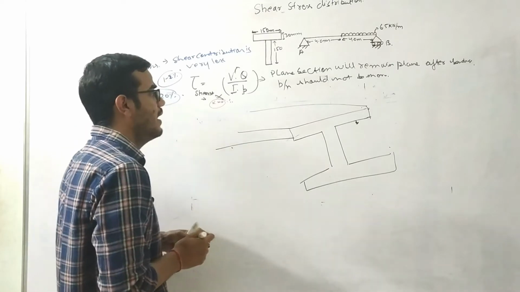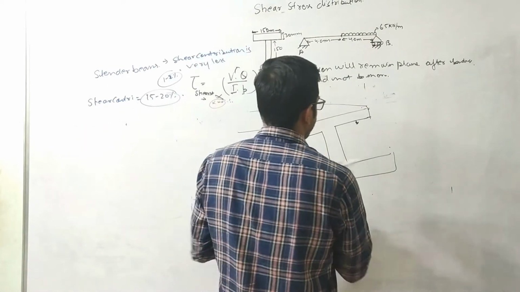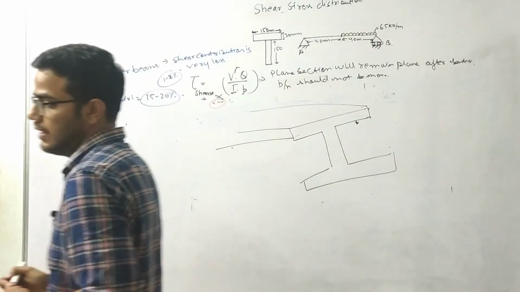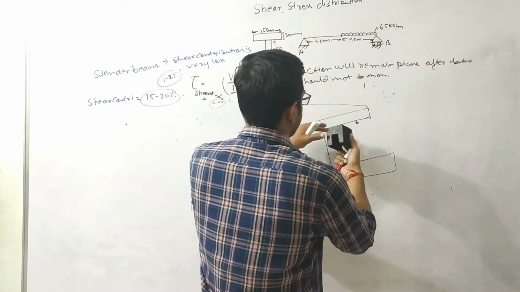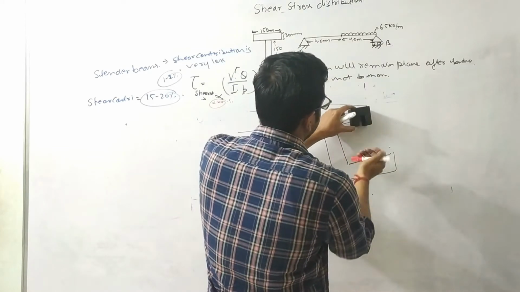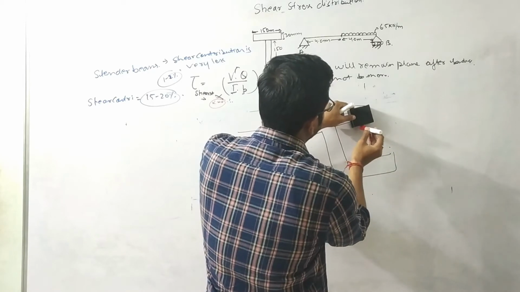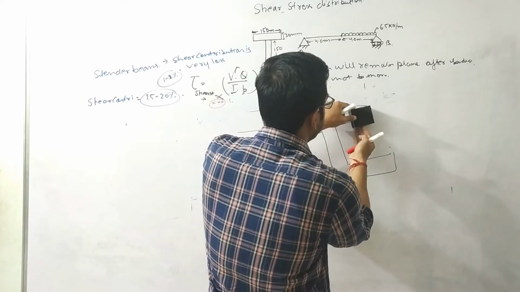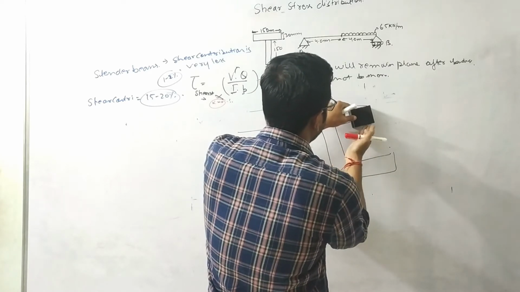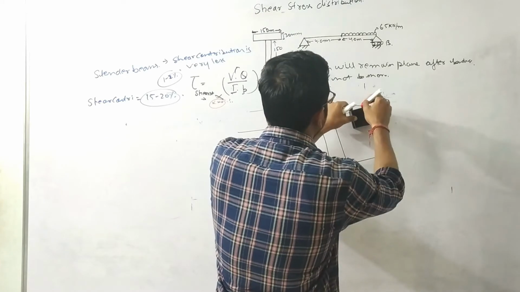But what happens is that if I look into the practical situation at the end of this beam, if this is the cross section of the beam, at this portion there is the outer boundary. There won't be any shear stresses at this point. There is no surface, there is the outer surface. So the shear stress will be 0 at this point and 0 at this point.